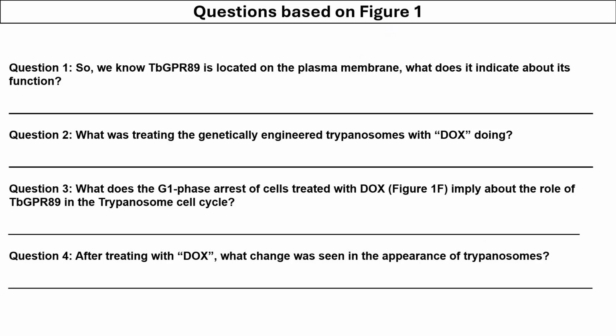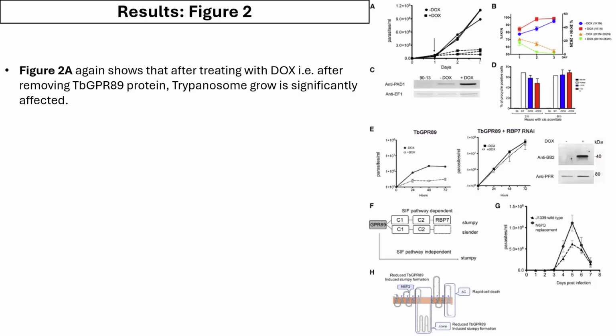So here are a few questions for you to answer based on what we have just discussed regarding the figure. In figure 2a, again, they have treated genetically engineered trypanosomes with doxycycline drug, and that leads to the removal of GPR89, and the trypanosomes grow slower, or their growth is significantly affected when the GPR89 protein is removed.